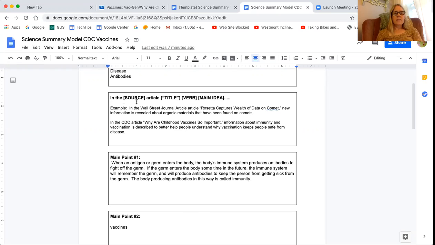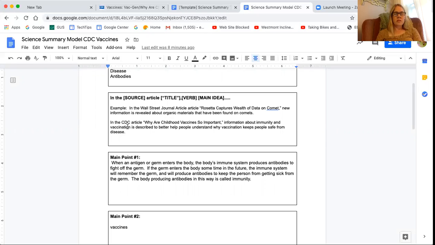So in this template, it gives you a format for how to put together the sentence, and it gives an example here. So basically what you do is you type in the source, the title, a verb, and then a main idea. That's how you set the sentence up, okay?